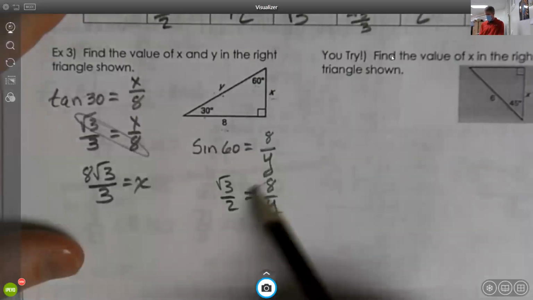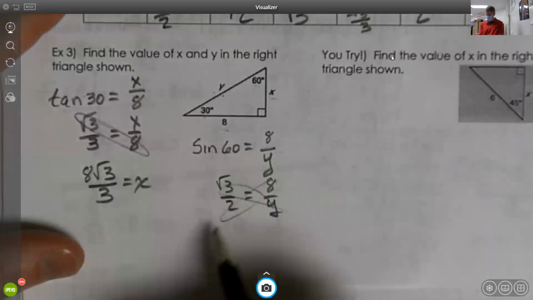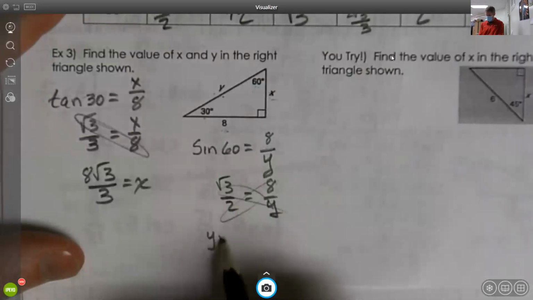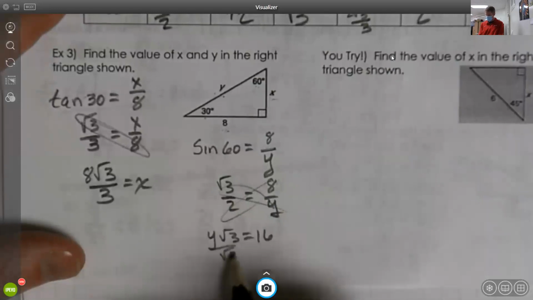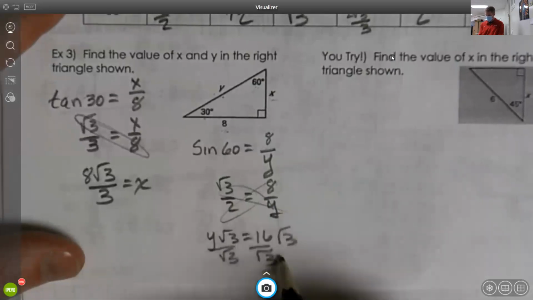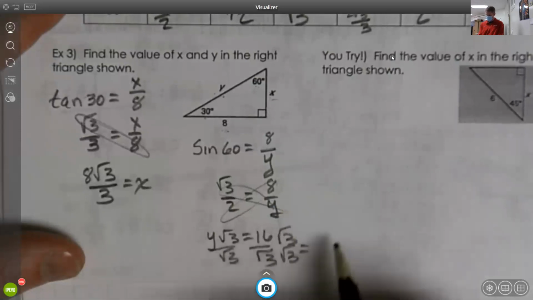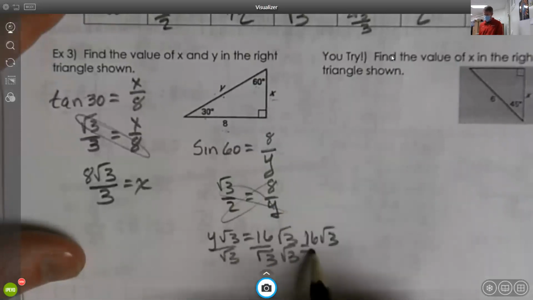Okay, because your variable is on the bottom, we have to crisscross here. We'll get y root 3 equals 16. Yes, unfortunately, we have to divide by root 3. And yes, we have to rationalize to get 16 root 3 over 3.